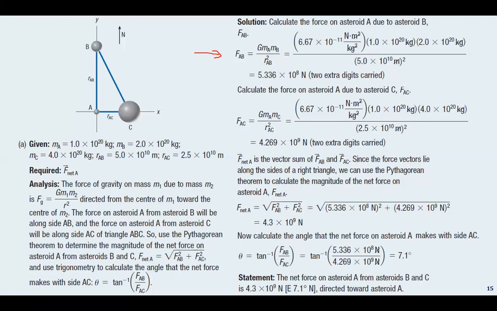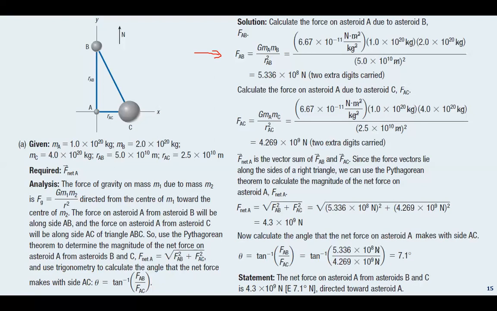Next, because F net A is a vector, we also need to calculate the direction of this net force. We can use arctangent to find the theta for this force. Theta equals arctangent FAB over FAC, which is approximately 7.1 degrees.